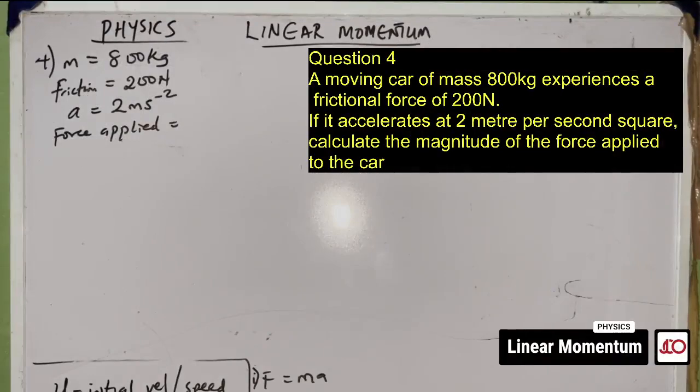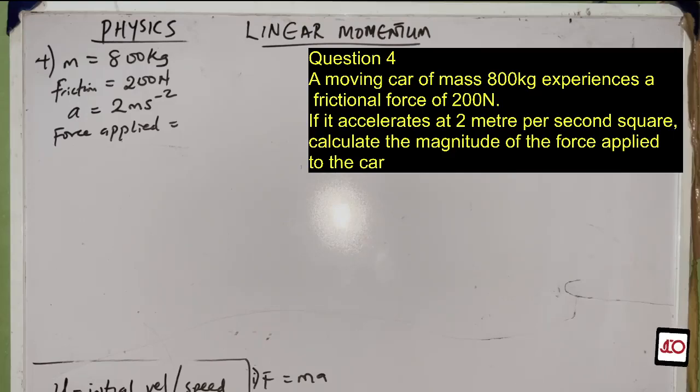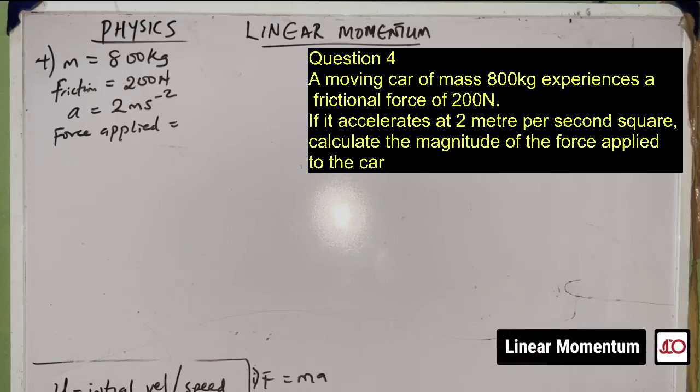I need to apply 700 so that it can move with 500. Because if I apply 700, 200 is the friction. You minus the friction, then you have 500. That is the net force of its movement.